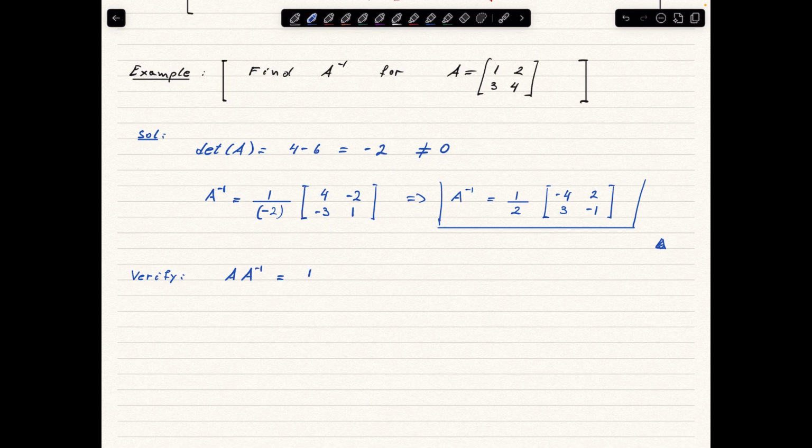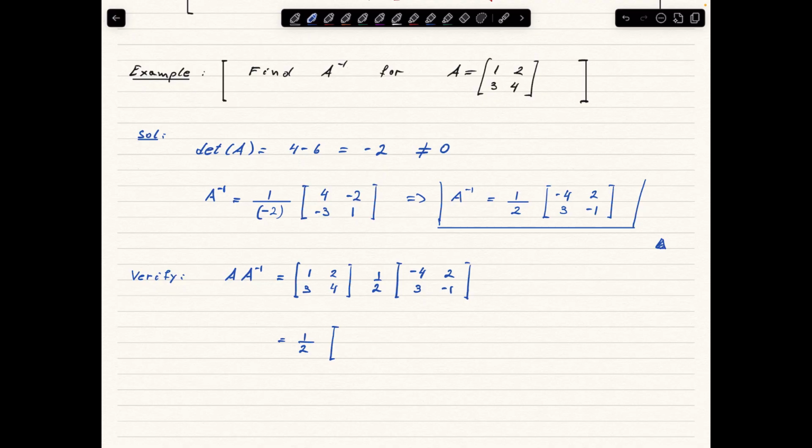Matrix A first, so 1, 3, and then 2, 4. Then we have the factor 1/2, and then we have this matrix that is negative 4, 2, 3, negative 1. Where do we put the 1/2? We can put it inside here, or we can put it here, or we can leave it outside. So we leave it outside. We'll see what we get.